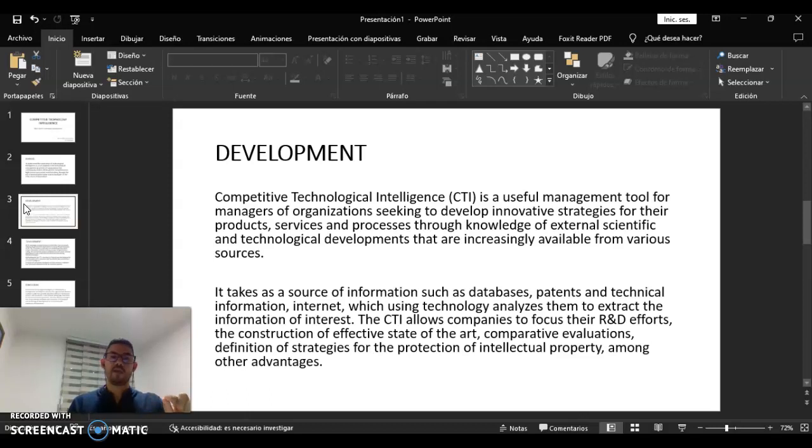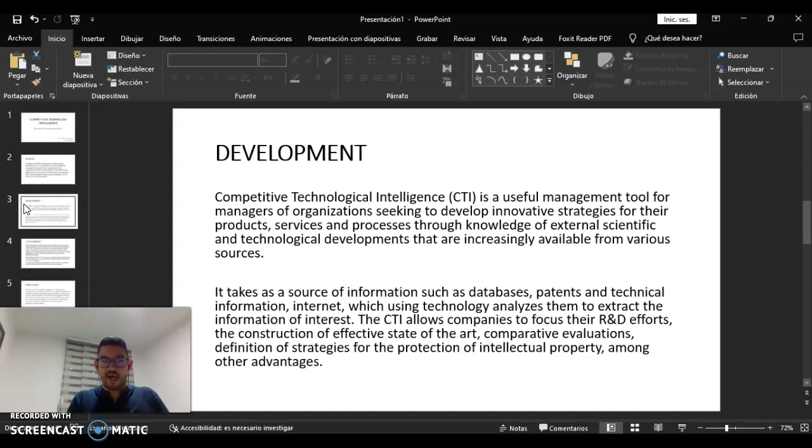It takes as a source of information databases, patents, and technological information. The internet is very important, which, using technology, analyzes then to extract the information of interest.